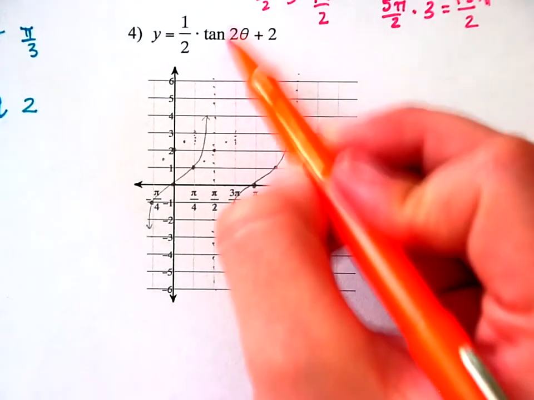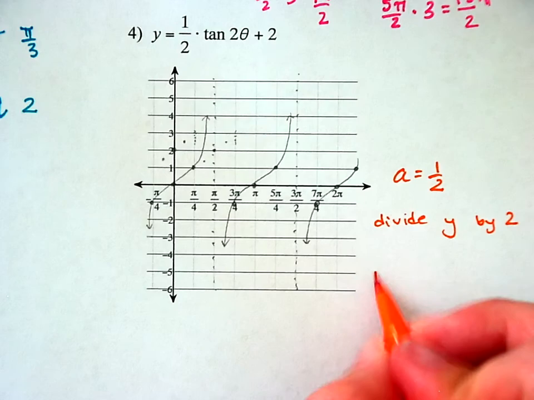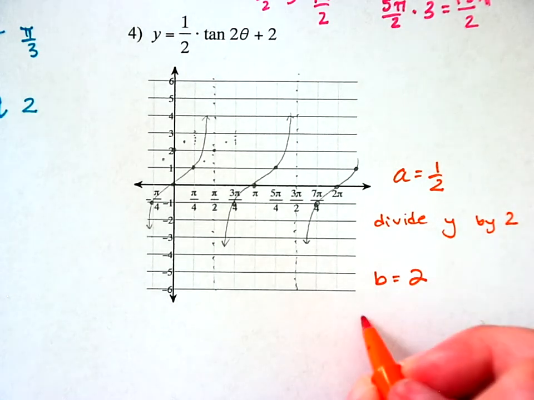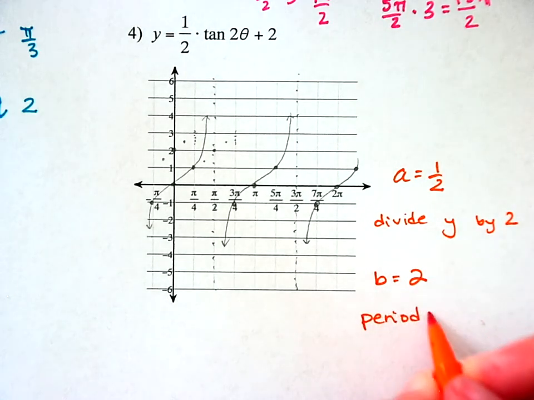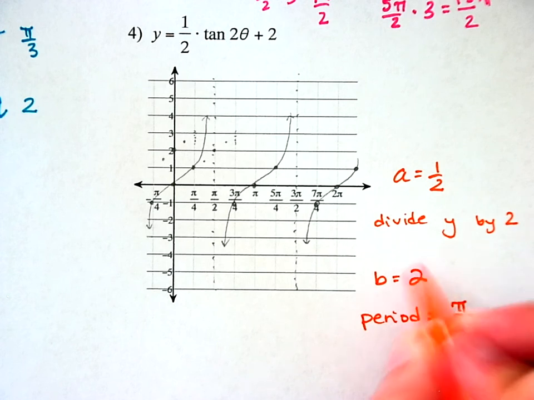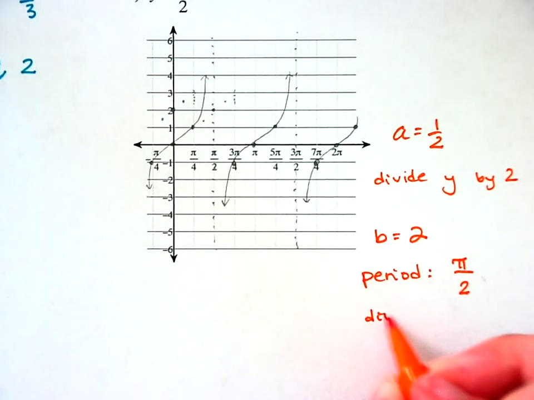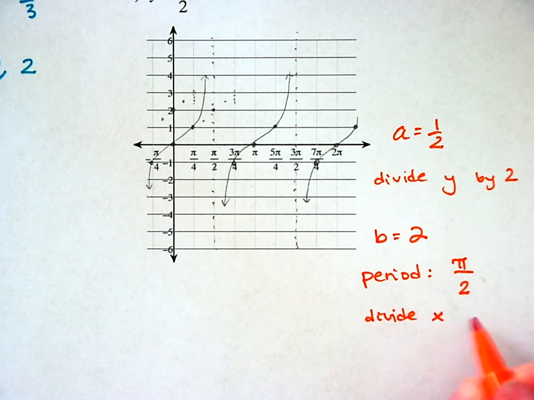The next value I see is my b value. So b equals 2. Well, remember, I have to take the old period value and divide by this number. So the period is going to be pi divided by b. And that really means that we are dividing the x values by 2.